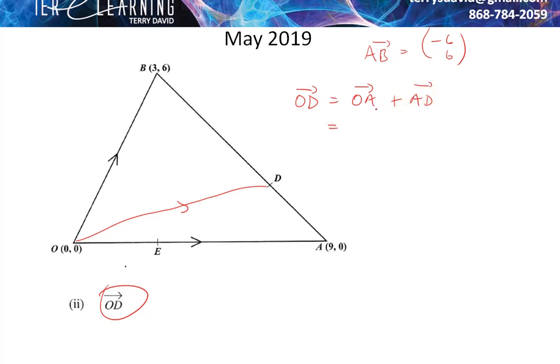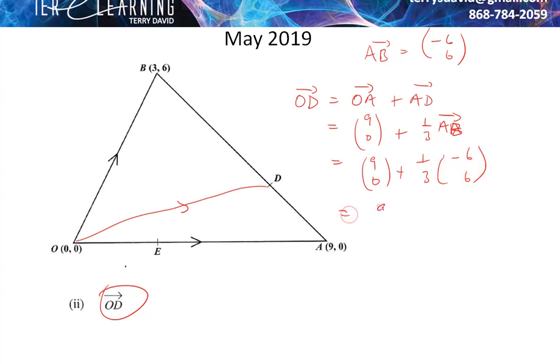OA, we know what the vector OA was. OA was 9, 0. But what is AD? AD is really 1/3 of AB. They told us that in the question. So that is 9, 0, and we just worked out what AB was, so 1/3 of minus 6, 6.